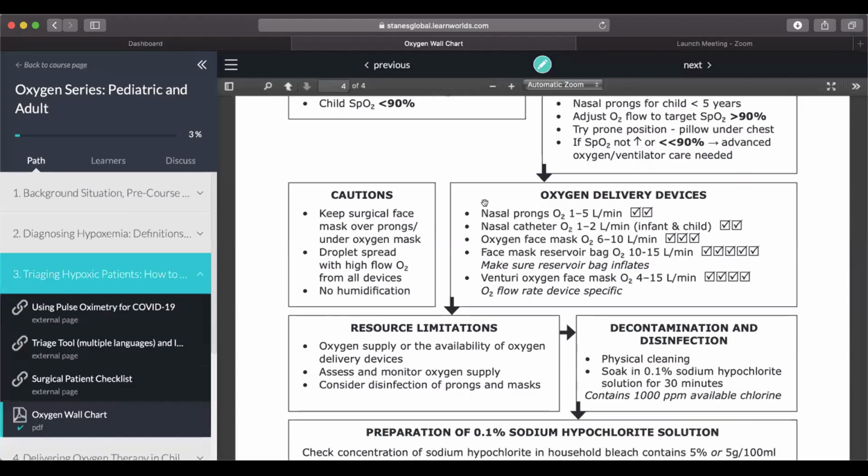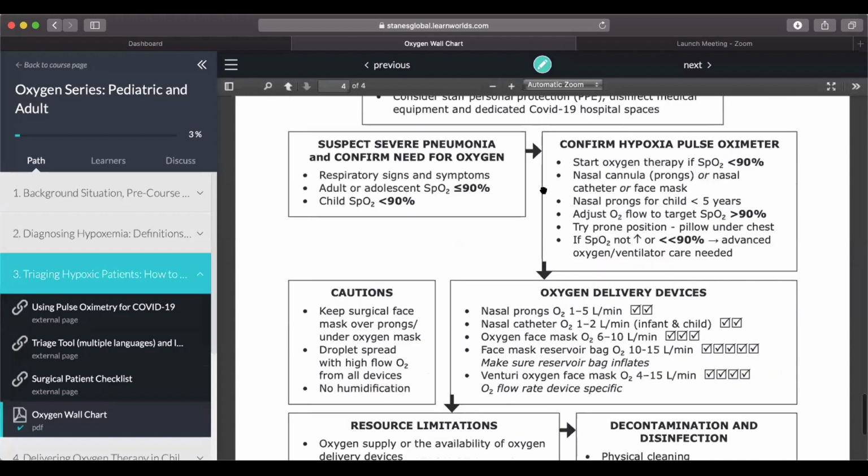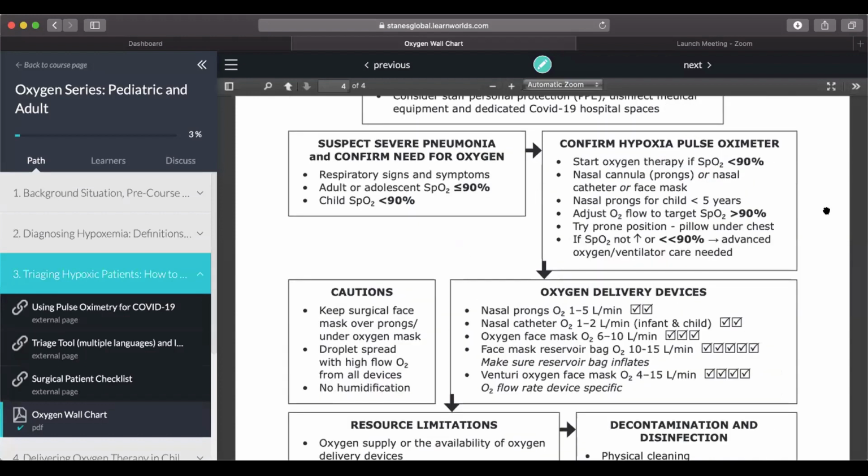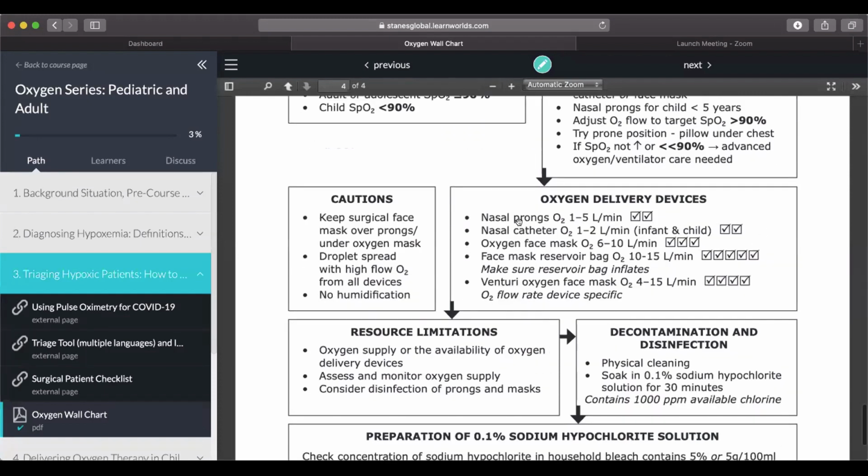Okay, so now we've gotten to the point where we've identified hypoxemia as an SpO2 less than 90%, and we've decided to start oxygen. We can start with nasal cannula or nasal catheter for the infants and children. If our saturation does not increase or go above 90%, we need to give more oxygen.